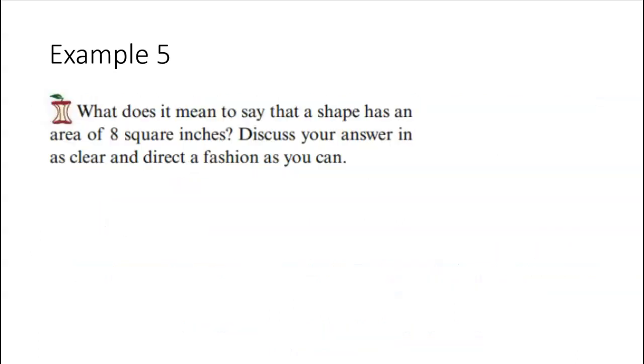So what does it mean to say that a shape has an area of 8 square inches? Well, that means 8 1 inch by 1 inch squares cover the interior of the shape.